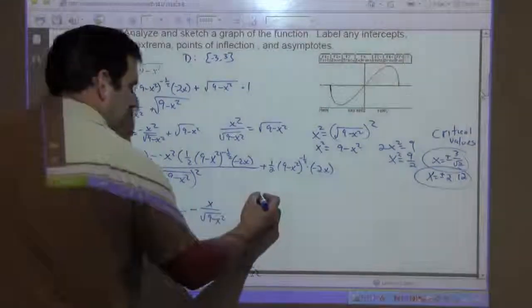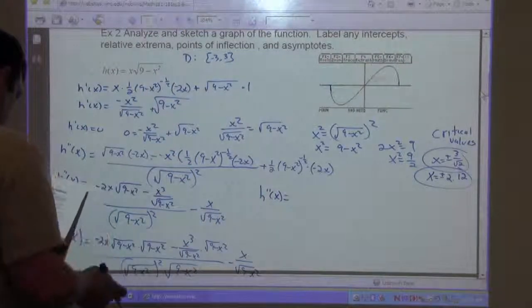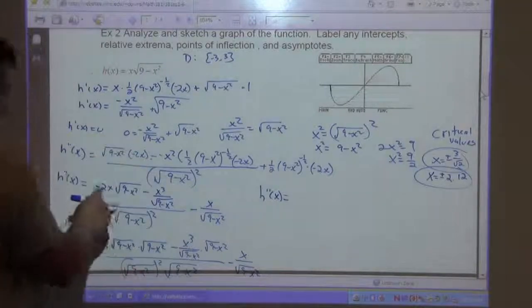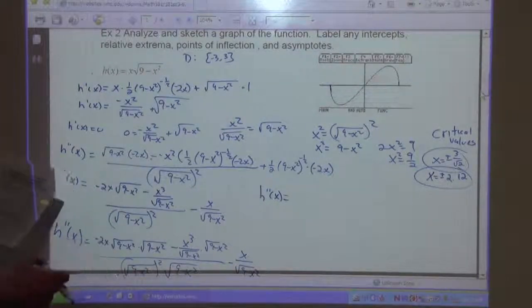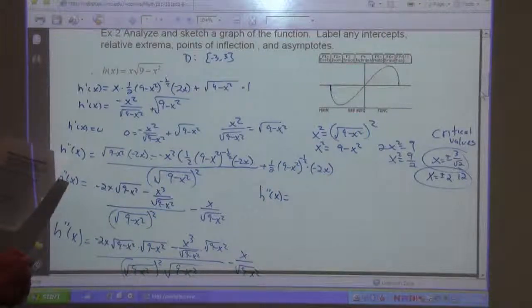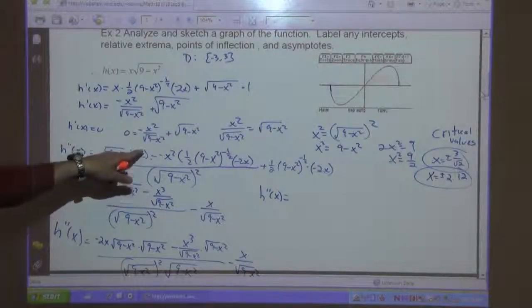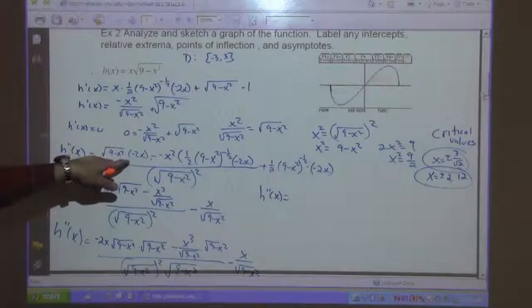This is going to give us h double prime of x equals 2x. I'm showing on my notes the negative went away. I don't think that that's right though. Just double checking. Back here, this derivative is negative 2x, so it's low d high.